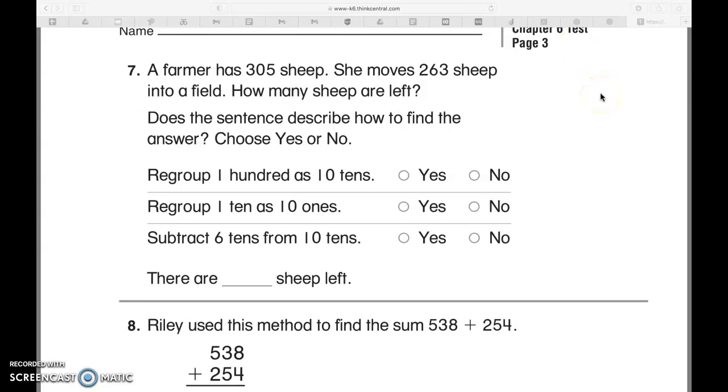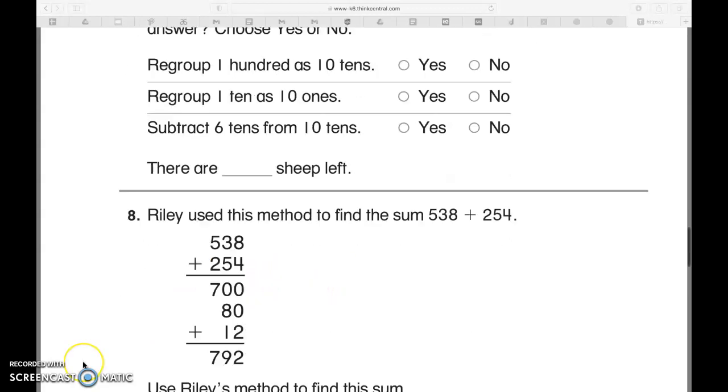If the farmer started with 305 sheep and moved 263, I would solve, and then I would go back and ask myself, did I have to regroup 100 as 10 tens? Yes, no. Did I have to regroup 110 as 10 ones? Yes, no. Did I subtract 6 tens from 10 tens? Yes, no. And then finally, I want to know that there are this many sheep left.